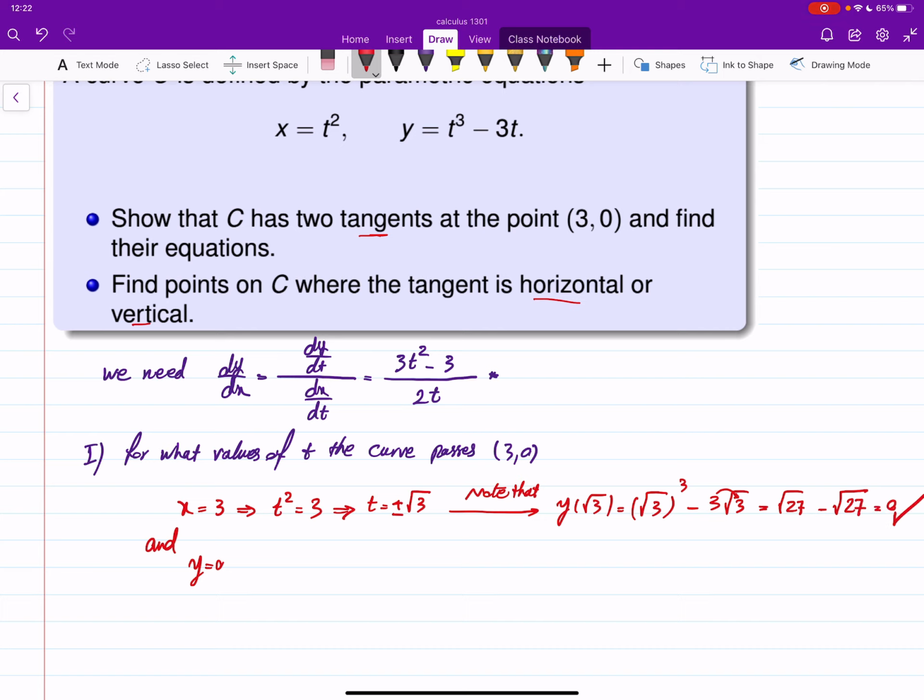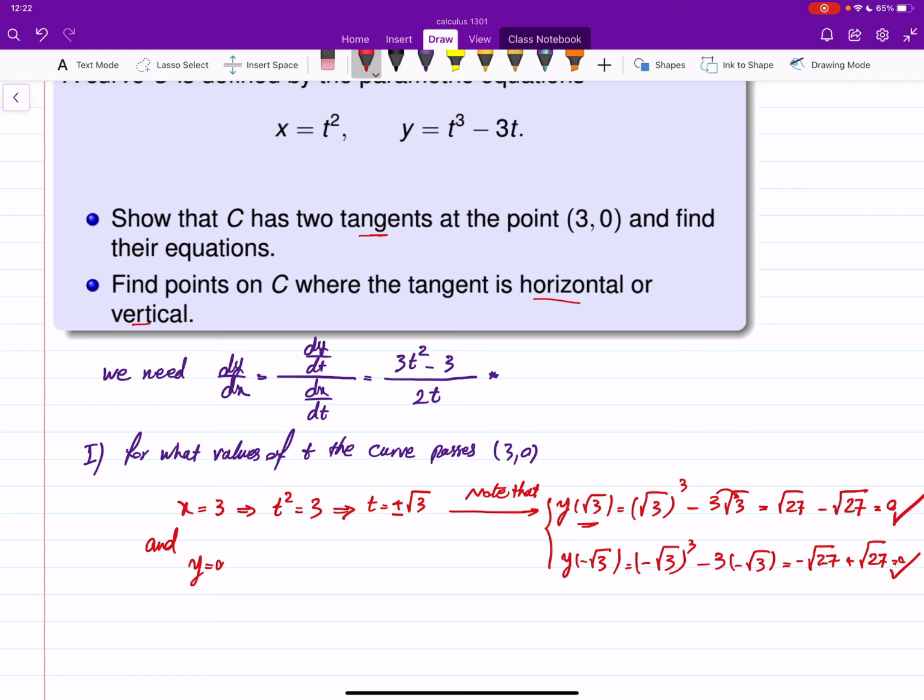So that means that, yes, root 3 will make y 0 as well. And what about negative root 3? That will give us the answer here as well. In this case, you will get negative root 27 plus root 27, which will give us 0.